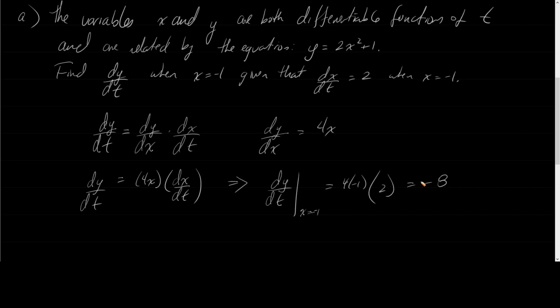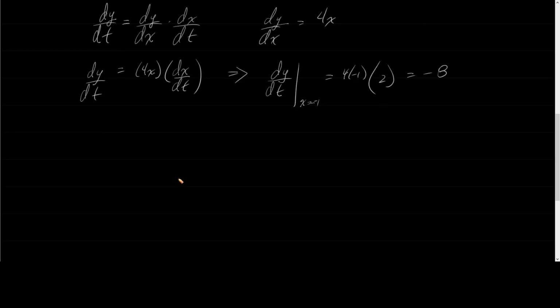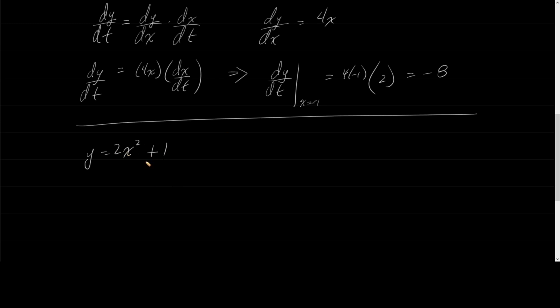So let me show you how I would want you to do this without necessarily using this notation the way that it's there. What we can do here is think of these two variables. Well, they're variables of t, right? So they're functions of t, excuse me.